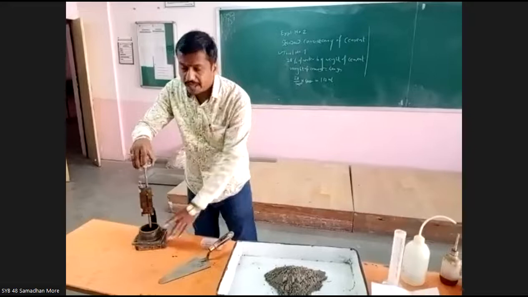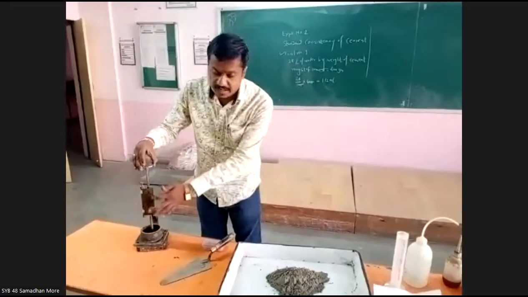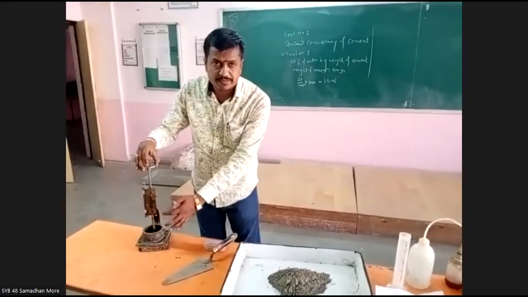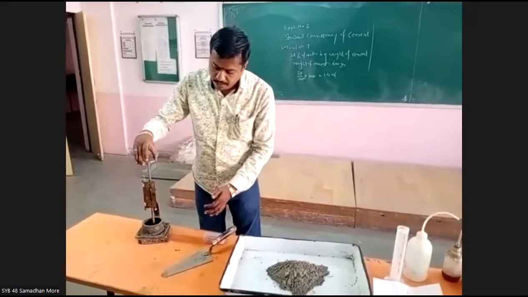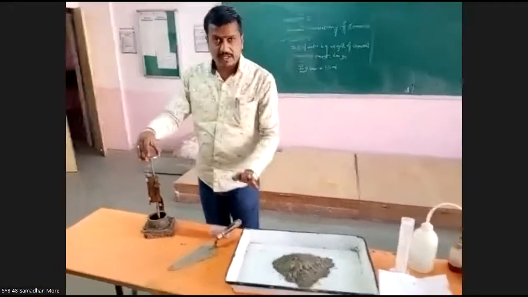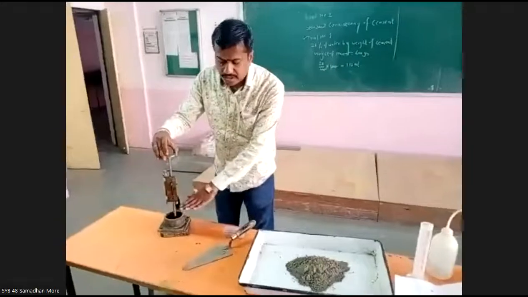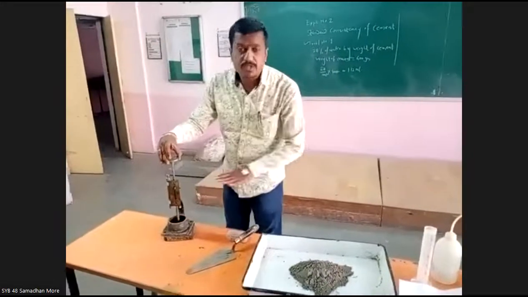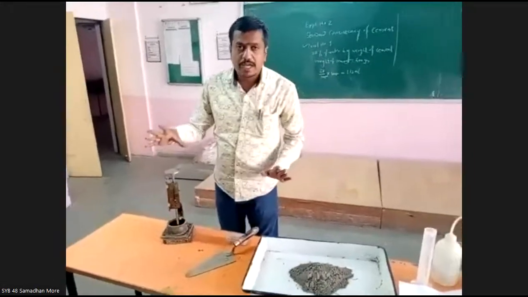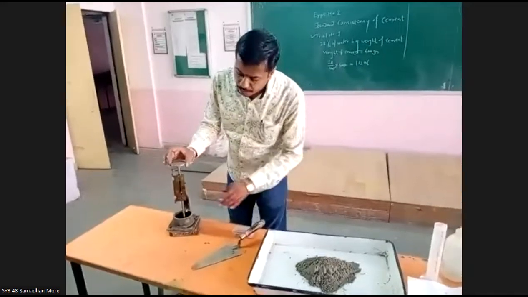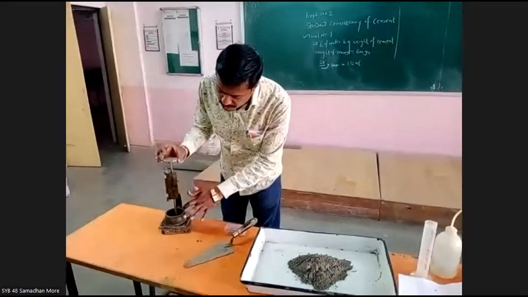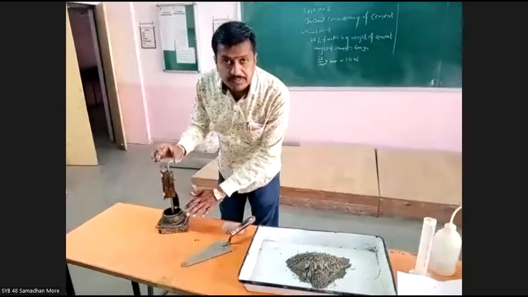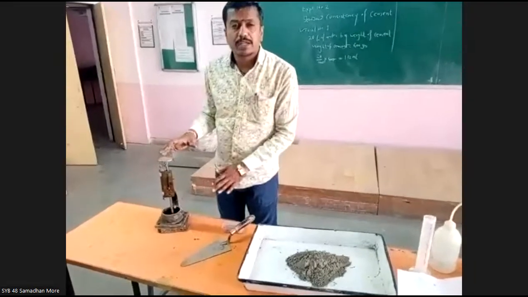Now as you can see in the briquette separator, the indicator is there which will show us the reading. At the first instance, we are going to just touch the plunger to the top surface of the cement paste, and then we are going to release it. Okay, and we are going to see the penetration of this plunger into the cement paste. Where will we get our expected result?